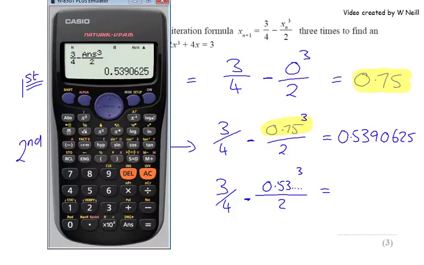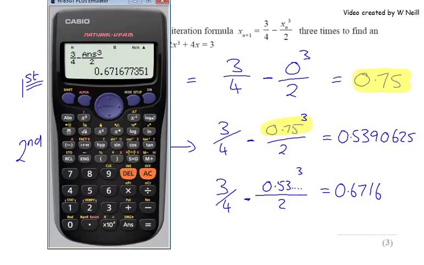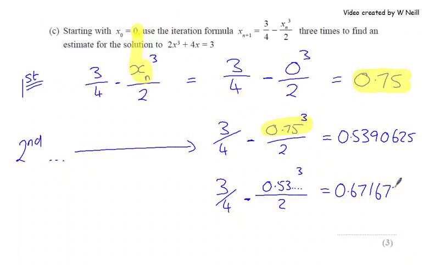But at this point, when you have the answer in there, you can leave it in there and press equals again, and that answer will come up 0.6716... Just looking to see, does it say 3 significant figures? I'm going to write the whole thing down, 0.677351. And that is it done first, second, and third time.